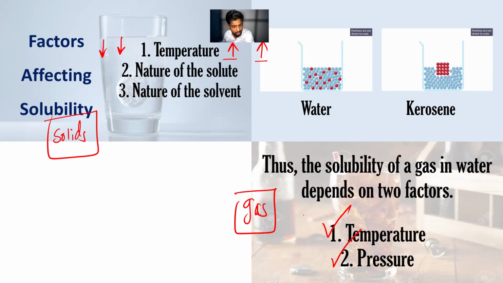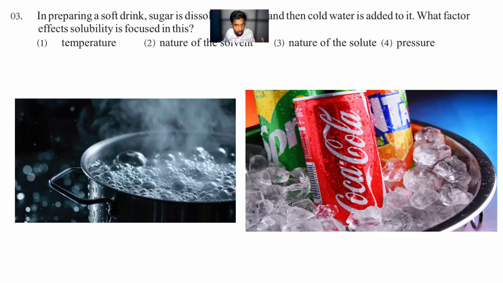And also, you know, Pulahal, for the gases it will happen vice versa, right? If the temperature is high, the solubility will be low. That's why, Pulahal, when you're boiling water, if the water becomes hot, if the temperature is high, all the gases come out. That means if the temperature is high, the gas cannot stay inside the water.